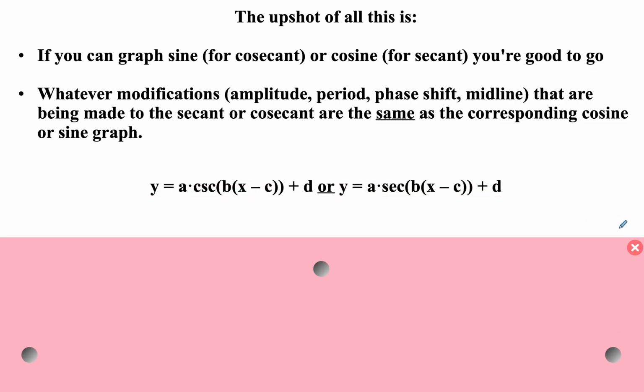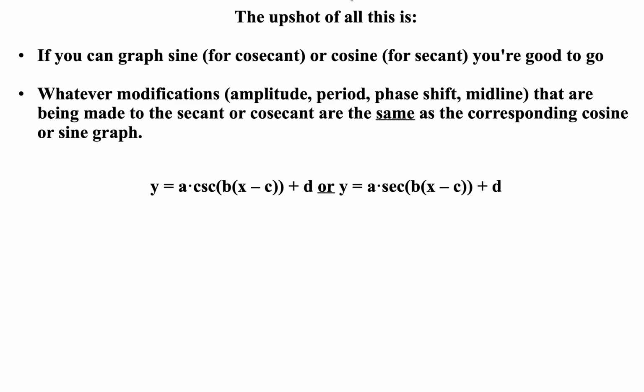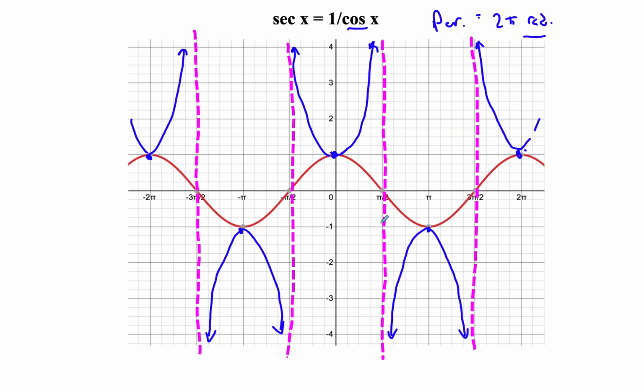And so what this means is, if you were asked to graph this, or from a graph write this, what you'd want to do is write the sine model for this, or the cosine model for this. So if you're given the equation, you'd graph it as if it were sine or cosine as appropriate, and then do the little u's off the maxima and minima like we saw.